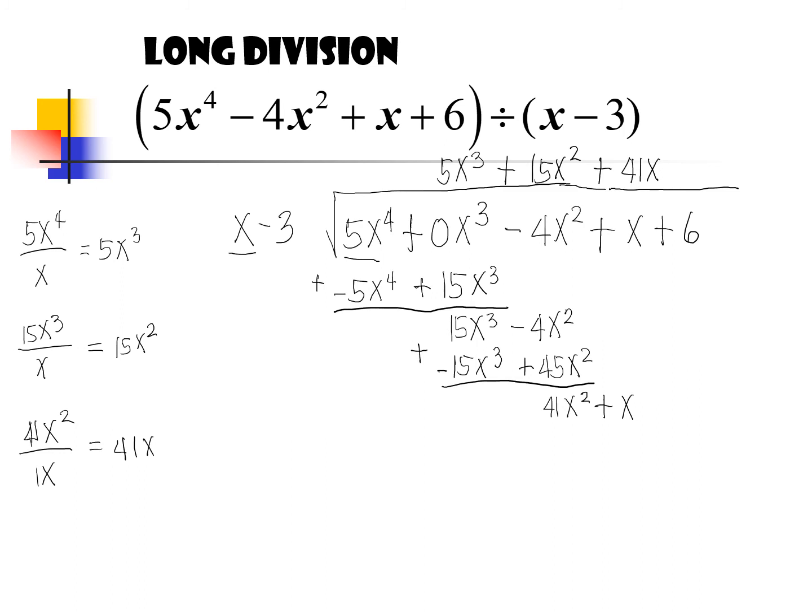So multiply the 41x. Do not include the 5x cubed plus 15x squared, just the 41x alone. Multiply it with the terms in the divisor. So 41x times x, that's 41x squared. 41x times negative 3, that is negative 123x.